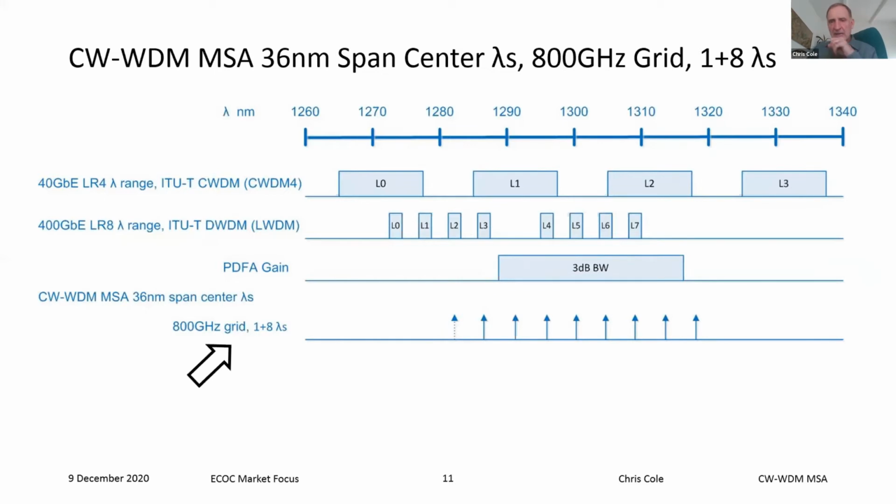So you can see we're actually picking up 6 out of the existing LWDM wavelengths, and we're right smack in the middle of the CW-WDM grid. So this is a very comfortable area for laser manufacture, very comfortable area for people that have been working on photonics for high volume. And we also see that it very nicely fits in the PDFA gain.